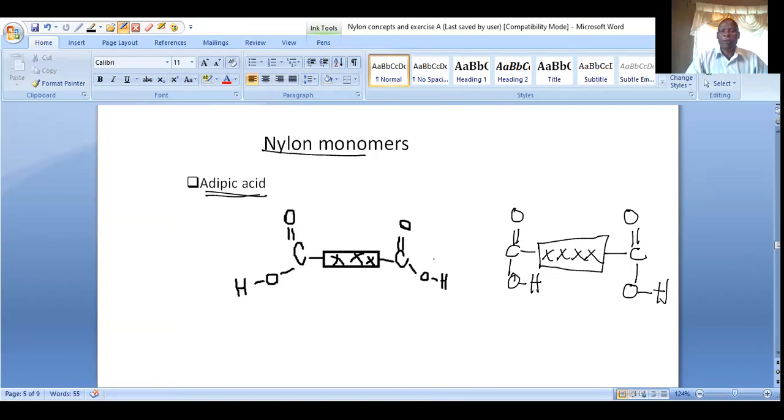This is the second functional group. It is on either side of the backbone, the carboxylic functional group.